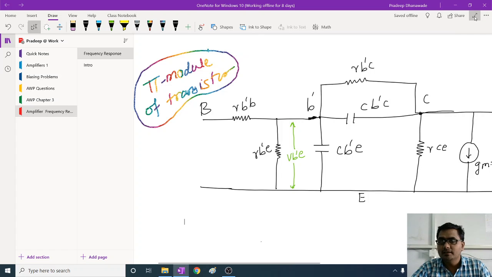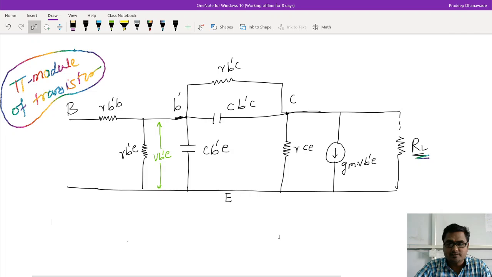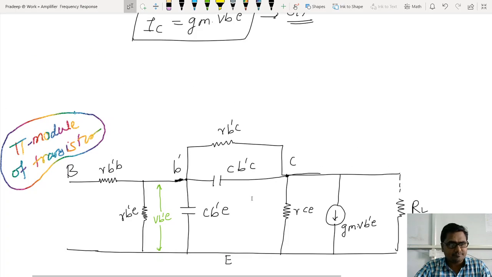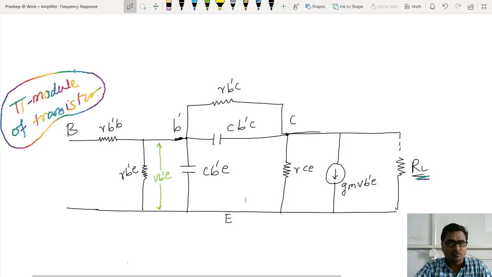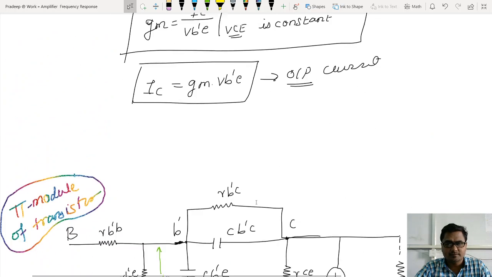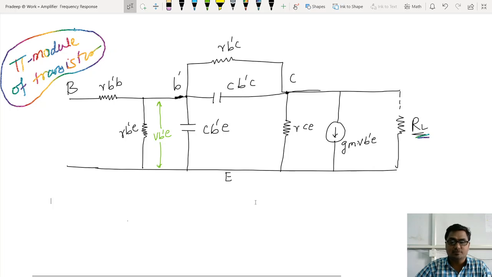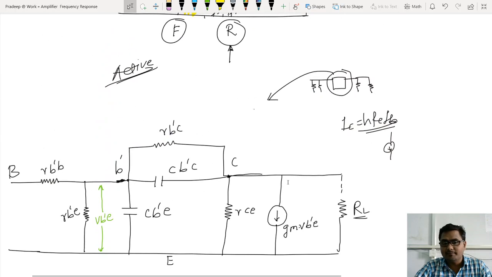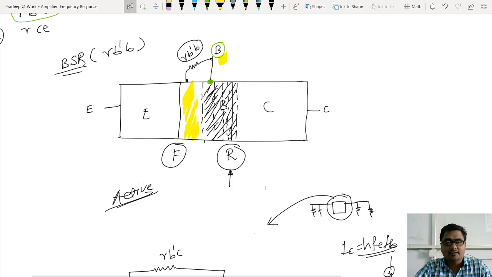So let us start with a kind of revision of what we had in the last lecture. We had the pi model of a transistor. We started with higher frequency response, and we saw some internal capacitances and resistors inside the component.